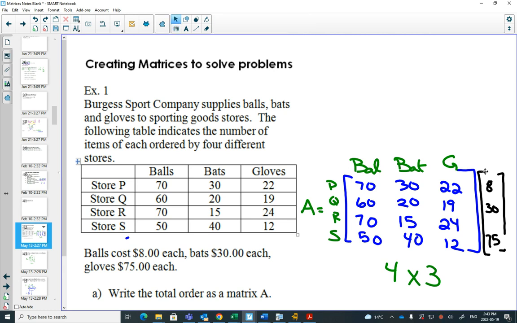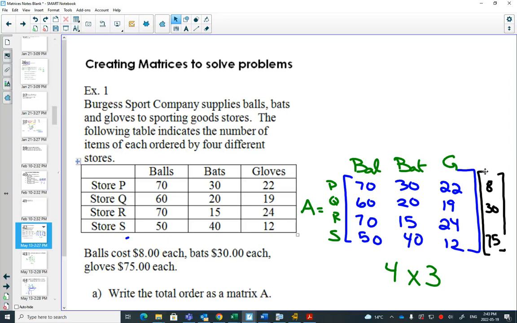And does it make sense for store P? If I take 70, 30, 22, that row, turn it sideways and crash it in, the 70 hits the 8, which balls cost $8 each. The 30, the bats, would hit the 30. Bats are $30 each. And the 22 hits the 75, which is how much the gloves cost.